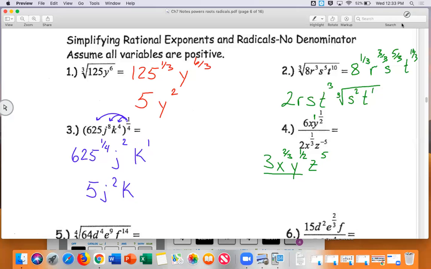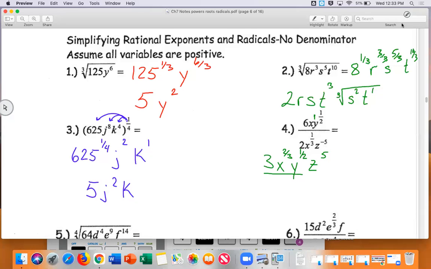Technically, it means 1 over z to the 5th. But when I have it in a fraction, it's in the denominator, like something divided by a fraction. Remember, you multiply by the reciprocal. So we're kind of multiplying by the reciprocal, but that's really complicated and convoluted, right?